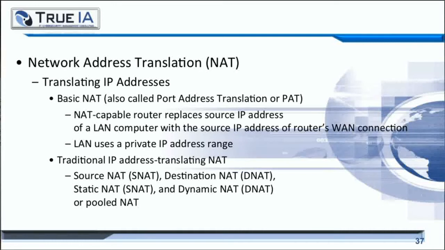This differs slightly from traditional NATing, where you would take your source address and then NAT it, or your destination address and then NAT that. We would have to deal with things called static NAT and dynamic NAT. These are all things that you should know. However, most modern routers do this automatically.